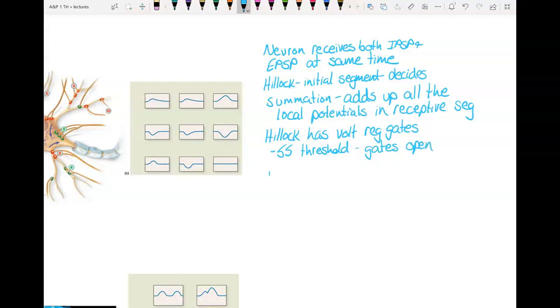So you start at resting membrane potential of -75. Then you have your IPSPs and your EPSPs. So you can see here, this one would be an EPSP. Here's another EPSP. Here's an EPSP. Here's your IPSP, where the voltage is going down. The hillock adds all those up. So you start at -75.